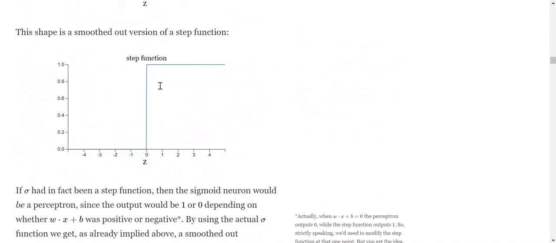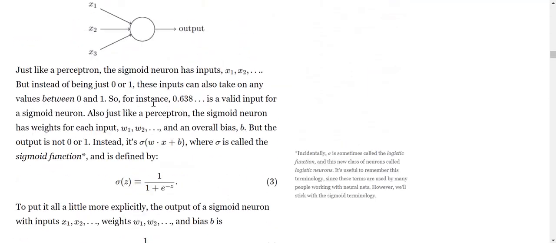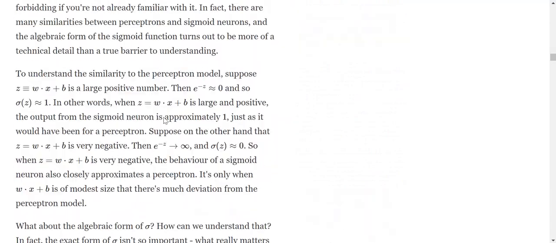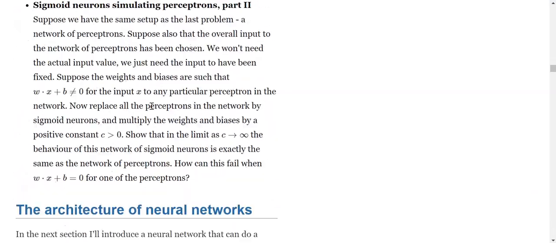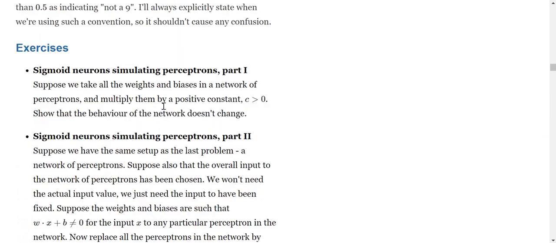If you go here, this was the equation which we were using, w dot x plus b, right? So if you scale all the weights and all the biases, the weights would now be c times w. So the expression would be c w x plus c b, right?